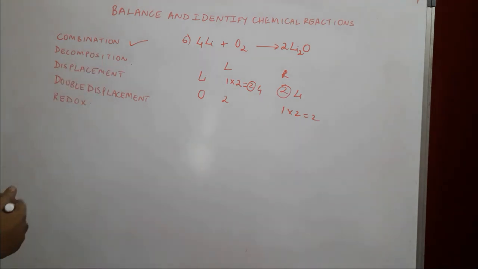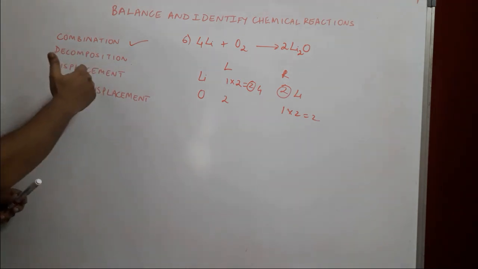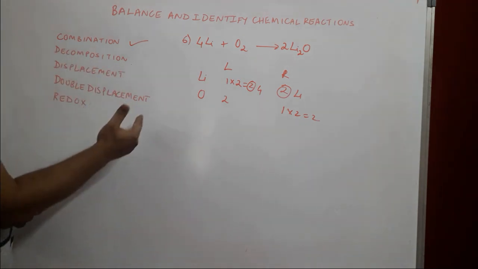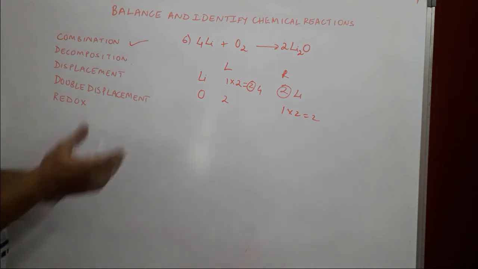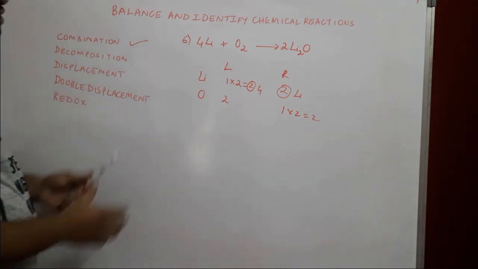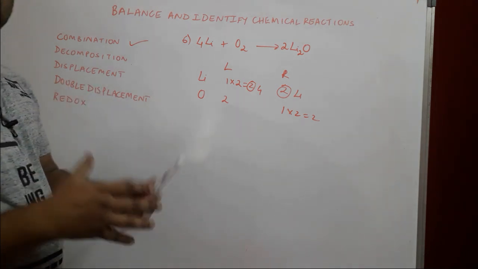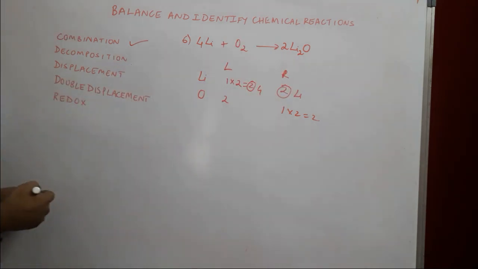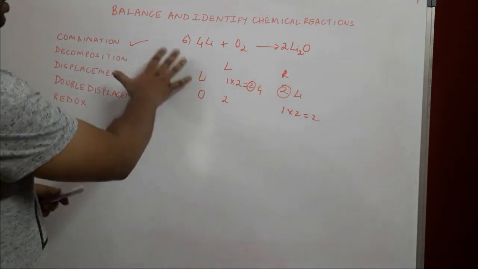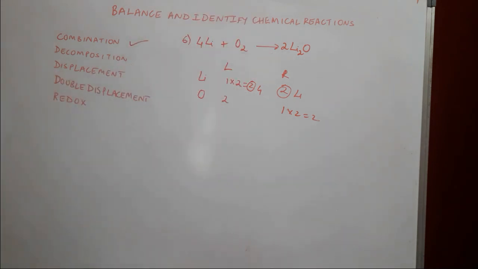There's no displacement happening at all, so we can rule out displacement as well as double displacement, and we can rule out redox reaction because nothing is getting reduced or oxidized. It is just that two atoms are coming together to be in perfect harmony. So we have got a combination reaction finally, and we have covered all types of reaction. In fact, all 5 types of reactions have been covered in this example.